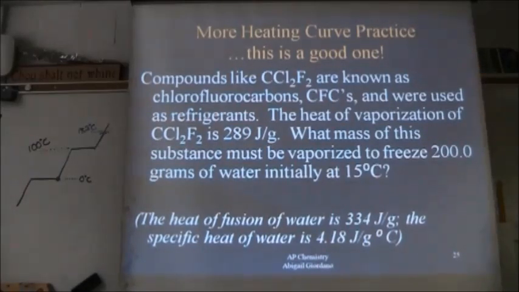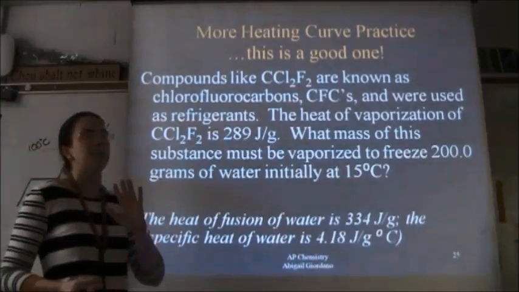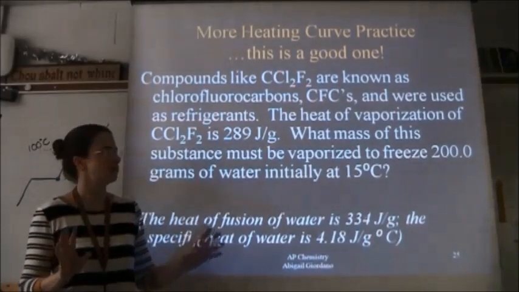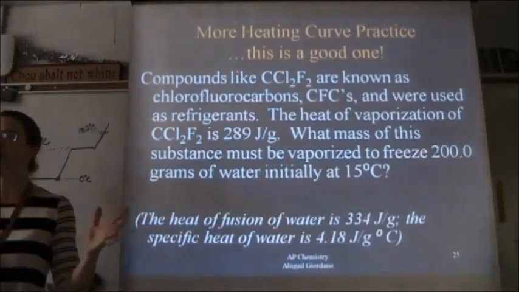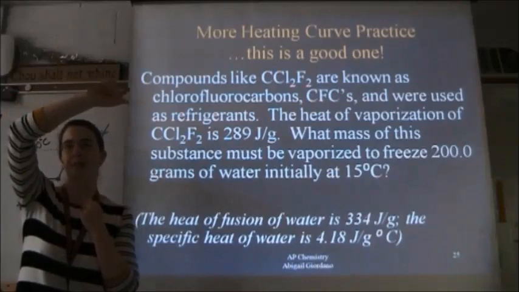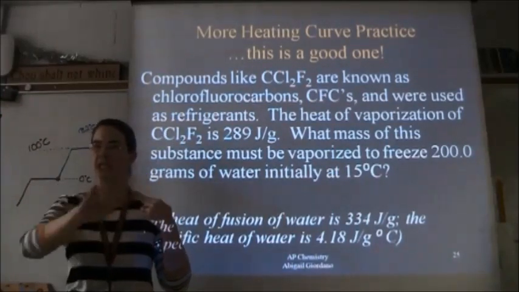Now, here's the other part of your refrigerator that's just sheer genius. You might say, well, don't you need like an endless supply of these liquid refrigerants if we're vaporizing them all the time? If you've ever seen the back of a refrigerator, and I don't know if newer refrigerators do this, but older ones used to have these coils, these like pipes that would run down the back of the refrigerator in like a serpentine kind of way.